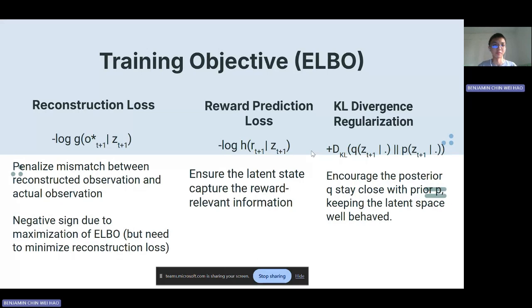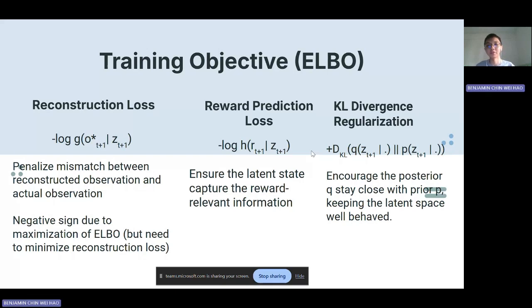So here is the training objective, and the terms used are the reconstruction loss, the reward prediction loss, and also the KL divergence regularization. The reconstruction loss penalizes the mismatch between the reconstructed observation and the actual observation. And the reward prediction loss ensures the latent state captures the reward-relevant information given the succeeding latent state.